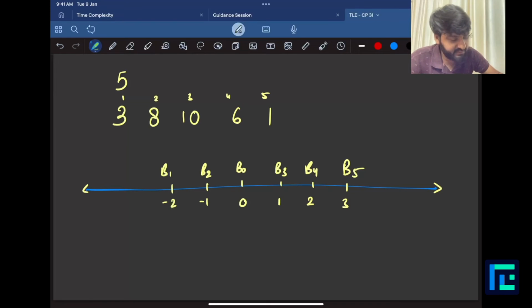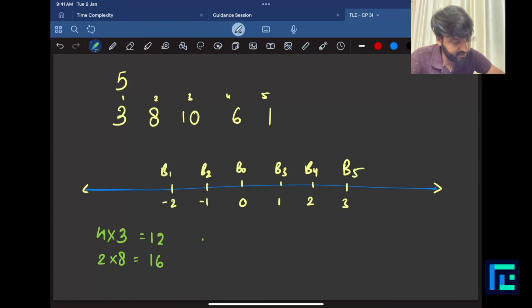For B1, let's say I'll go iteratively: B1, B2, B3, B4, B5. So for B1, I would want a distance of 2, then double it because a round trip is there. So 4 into how many visits? 3 visits over here. So 4 into 3, this is 12. For B2, similarly, 1 is the distance for 1 trip. Round trip is 2. 2 into how many visits? 8 visits. So this gives me 16.